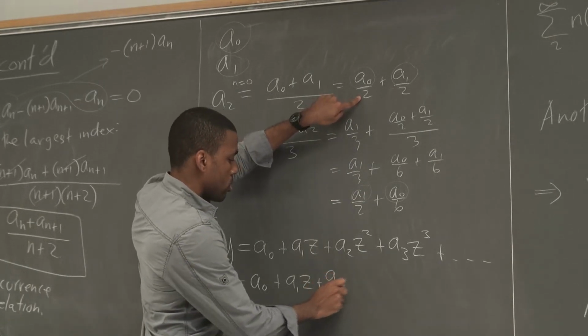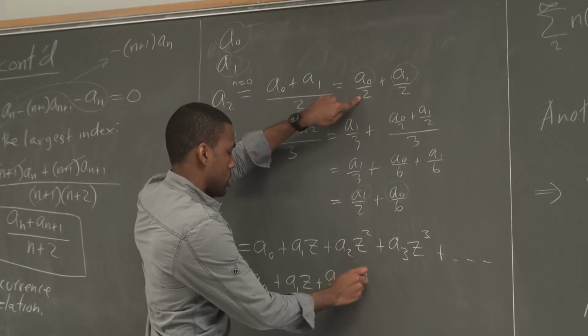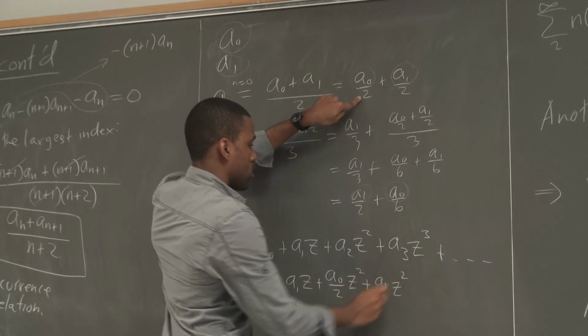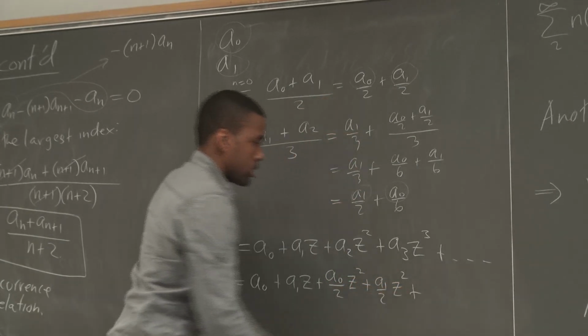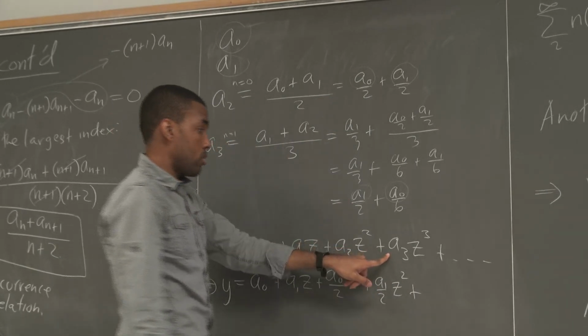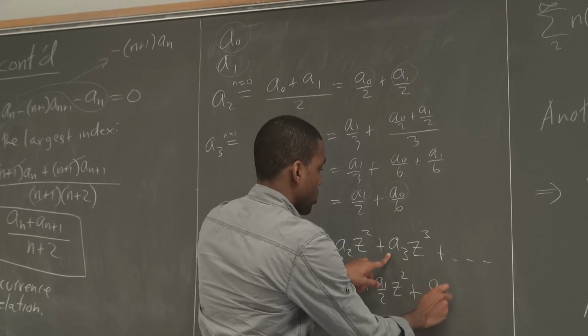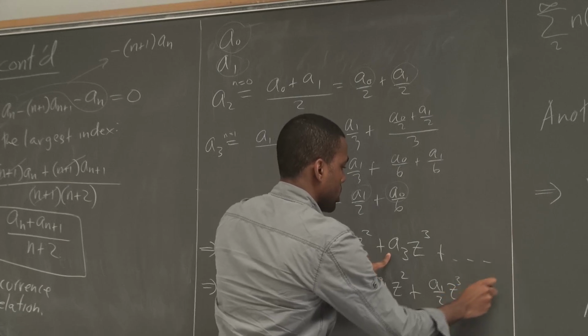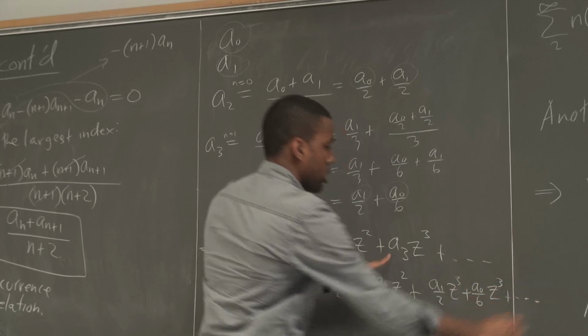So this is A0 over 2 z squared plus A1 over 2 z squared plus A3 is this guy. So I just replaced that one. So this is A1 over 2 z cubed plus A0 over 6 z cubed, blah, blah, blah.